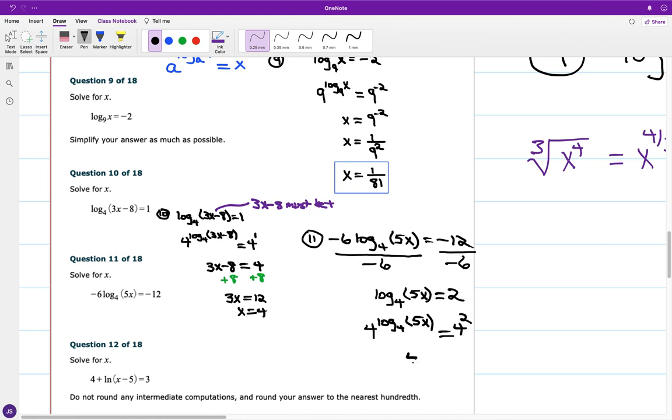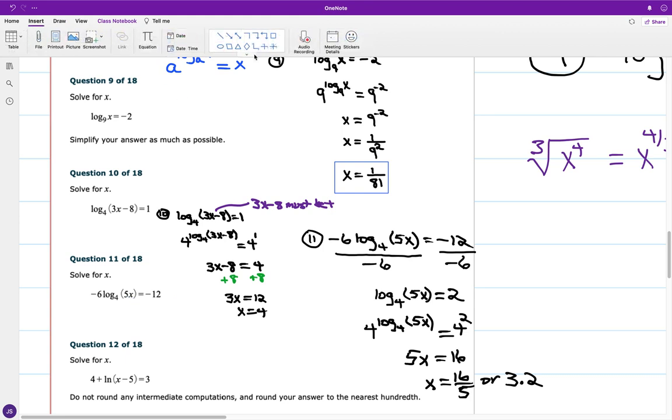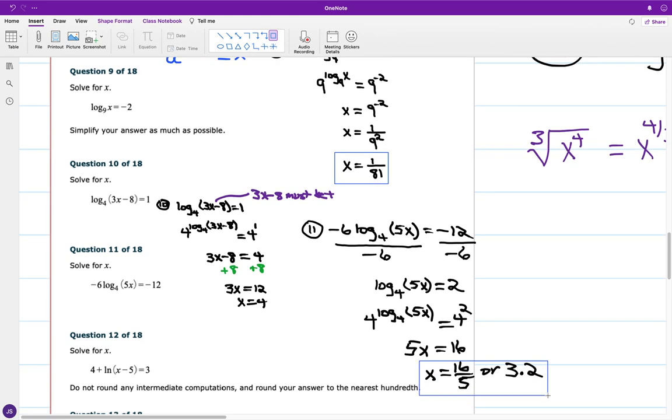So the left hand side is going to be 5x, and we have that 5x is equal to 16, and with division by 5 we have that x is equal to 16/5, which you can also write as a decimal at 3.2. And again, 5 times 3.2 is 16, so 16 is a positive value. So we do have x to be at 3.2 as the solution.